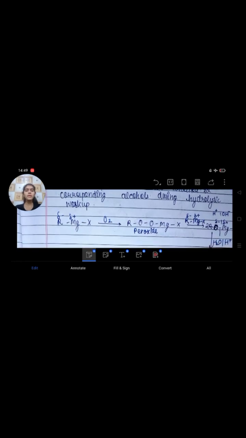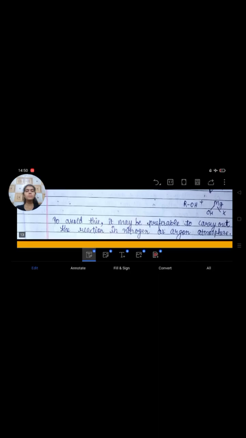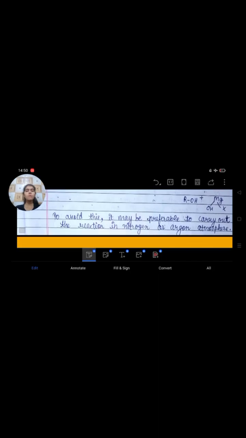We can see the reaction, that is Grignard reagent reacts with oxygen to form peroxides, and then finally they convert into the alcohols and some minor compounds. To avoid this, it may be preferable to carry out the reaction in nitrogen or argon atmosphere.